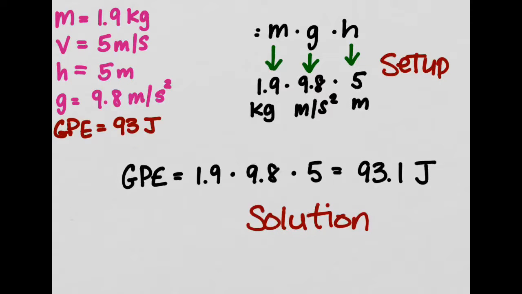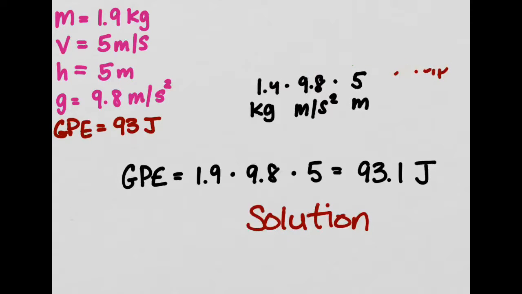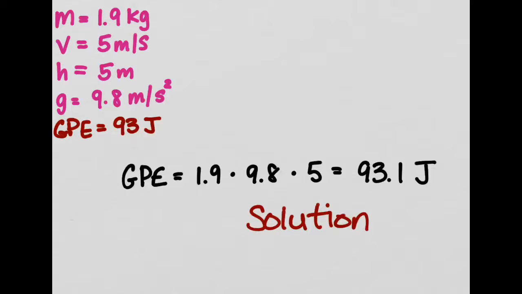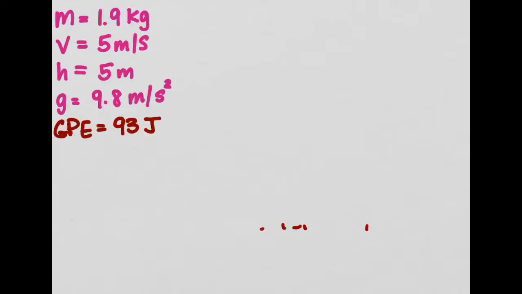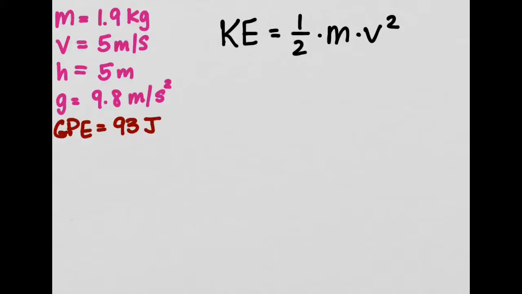And because I'm probably just going to be comparing two very similar numbers to each other, I just rounded 93.1 down to 93. Now the next thing I want to know is its KE, or its kinetic energy. The equation for KE is 1/2 times the mass times the velocity squared. All right, I've written both of these things down.